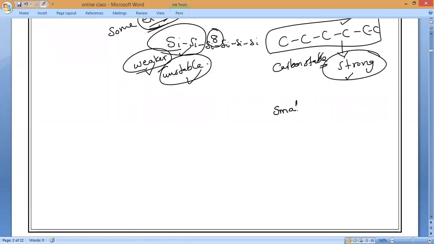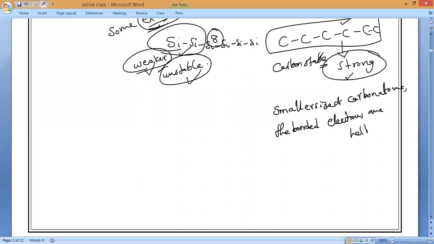So what is the reason behind it, everyone? The smaller size of carbon atoms, the bonded electrons are held strongly. So that is the reason the second versatile nature of carbon is catenation.